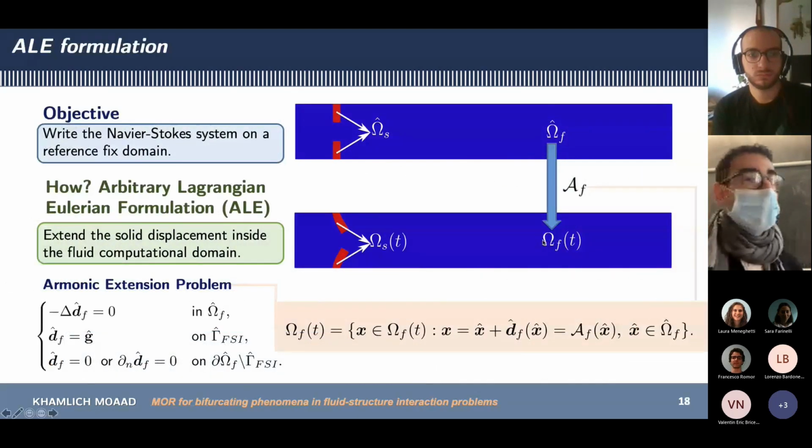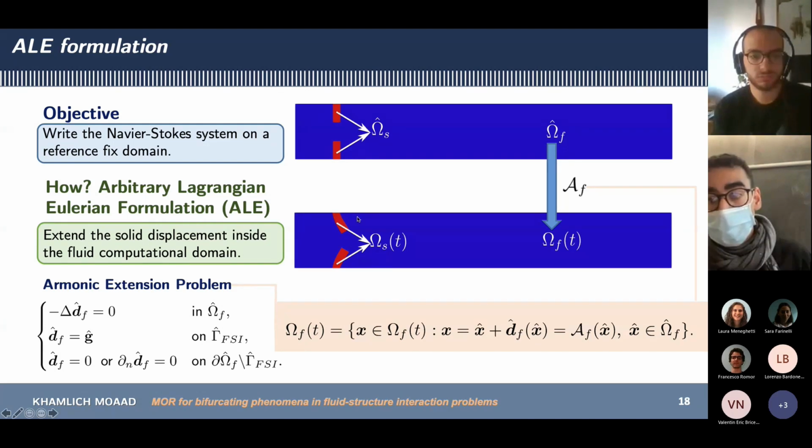However, when we are dealing with a fluid structure interaction problem, the mesh needs to be in motion because the fluid resolution domain needs to be consistent with the solid deformation.